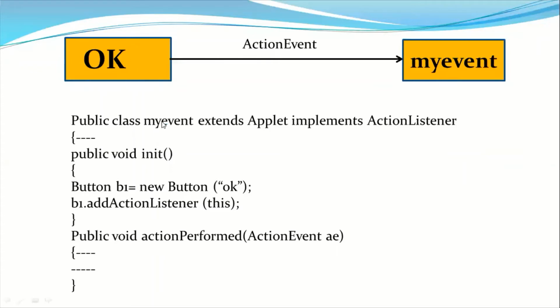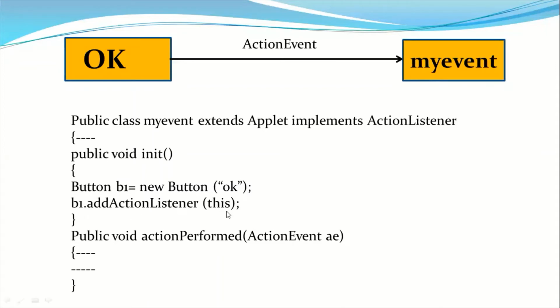This class must register the button component by using the addActionListener method. Means this addActionListener method will register this component with this class. And this is a listener, itself a listener to receive the events from the button, that is button object B1 here.